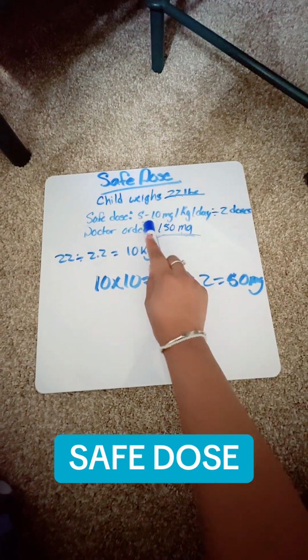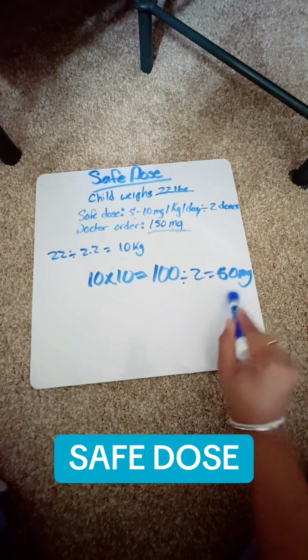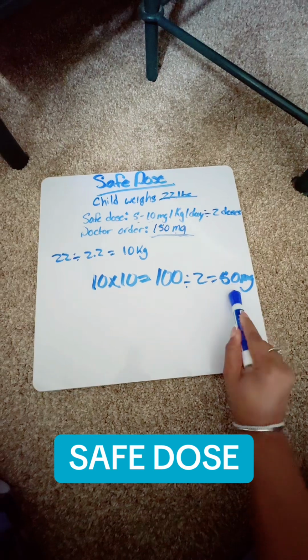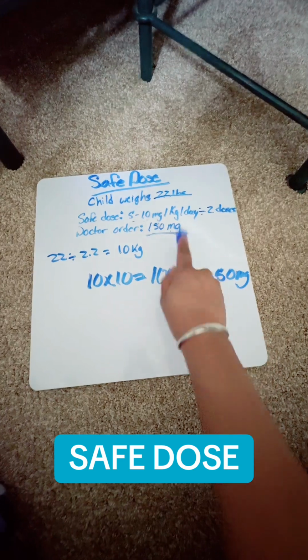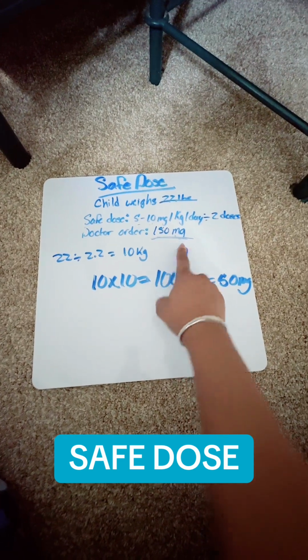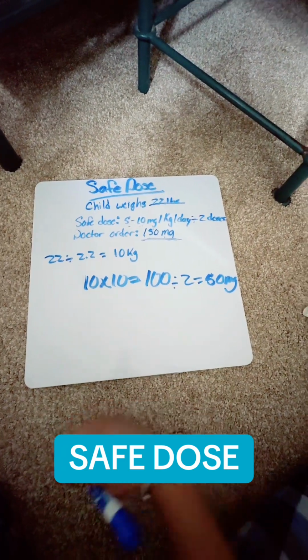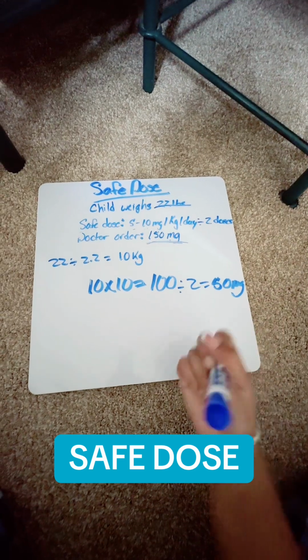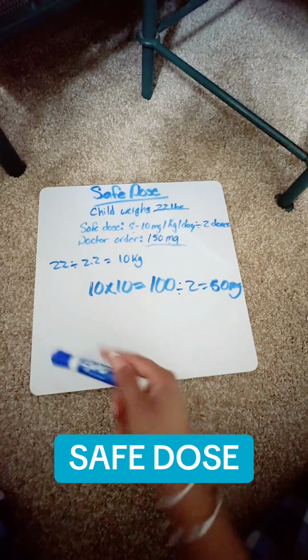See how I didn't do 5? I did 10. I did the highest amount. 50 is the highest amount you can give this patient, regardless of the doctor's orders. So if it asks if this dose was safe or not safe, what would you say?